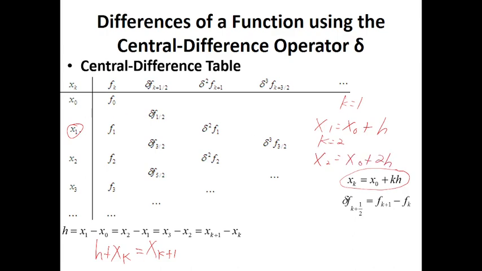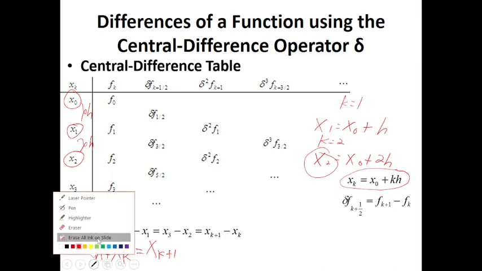This h is the tabular interval. So x sub 0 plus 2h will give us x sub 2.